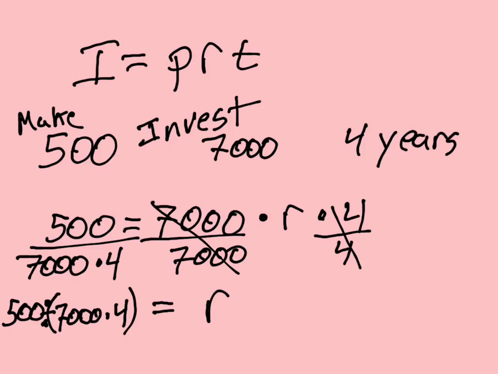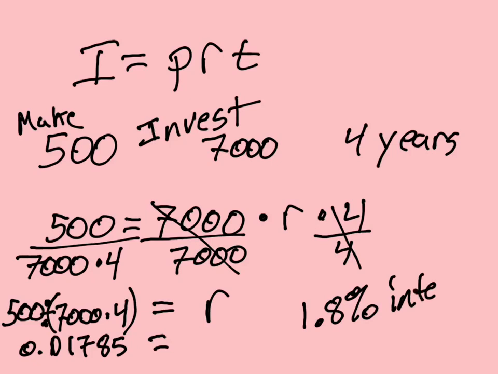So I get my interest rate needs to be 0.01785. So I need about a 1.8% interest rate. So that's what I would need to look for if I wanted to make $500 on my investment. That's really how easy it is.